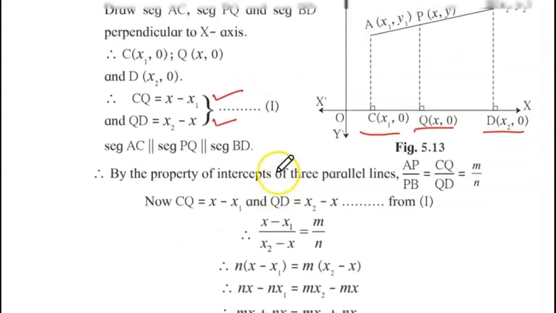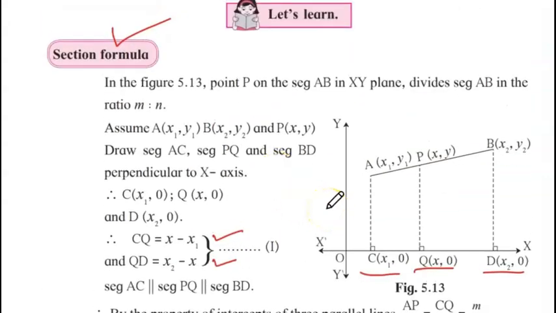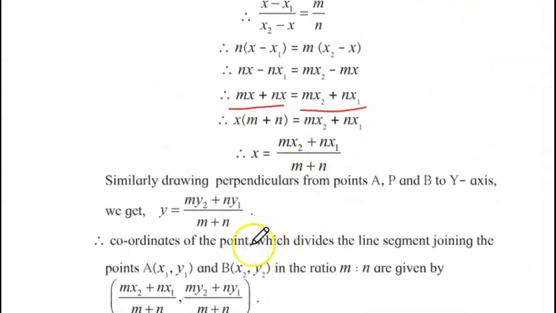ओके, या ठिकाणी पुढे आपण ऑन दी वाय ऍक्सिस वर देखील परपेंडिक्युलर जर ड्रॉ केलेत पॉइंट A, पॉइंट P and from the point B, then you will get the coordinate y is equal to my2 plus ny1 upon m plus n.